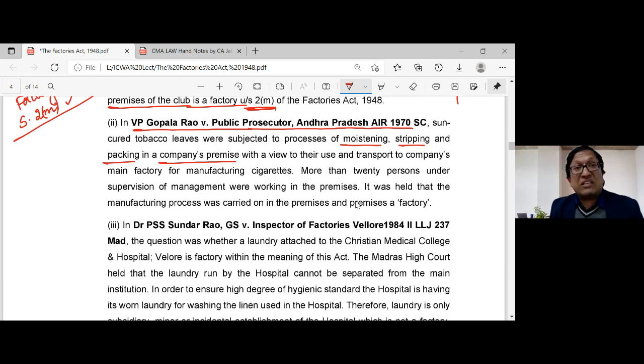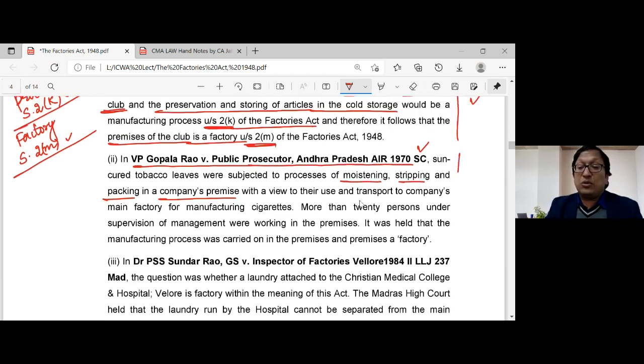Because after this processing, they will transport this material to the company's main factory for manufacturing cigarettes. Where more than 20 people were working under the supervision of the management within the premises, it was held that the manufacturing process was carried on in the premises and it's a factory. So this judgment will help you in explaining two terms: one is manufacturing process, and secondly, you will use this in explaining the factory as well. So this thing you need to learn.